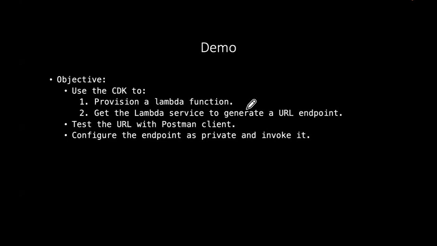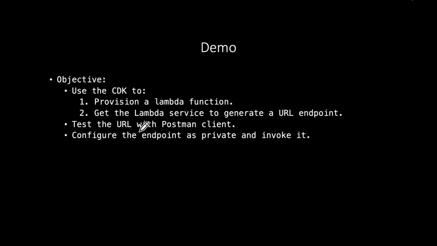That means now we can use that URL to trigger the execution of the Lambda. We can do it from the browser, or using something like Postman. Also with these function URLs, you can configure them to be private. And we'll see how that works as well.